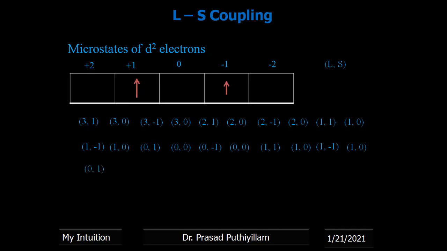That is 20 plus 21 microstates we got now. 0 0, 0 minus 1, that is 0 0 again.